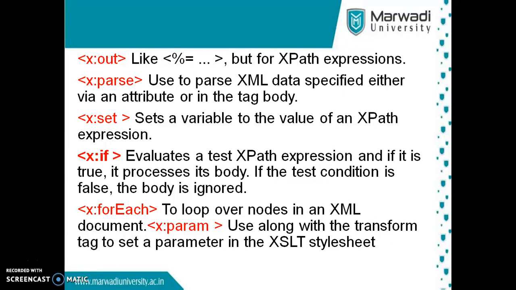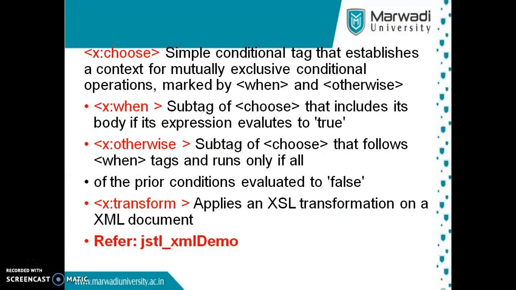x:forEach will iterate the loop over the nodes in your XML documents, or you can say the elements. x:param is used along with the transform to set parameters in the XSLT style sheet. XSLT stands for XML style sheet layout template. x:choose, when, otherwise is similar to the switch case, and similar to c:choose, when and otherwise. It is a simple condition tag that establishes a context for mutually exclusive conditional operations marked by when and otherwise.